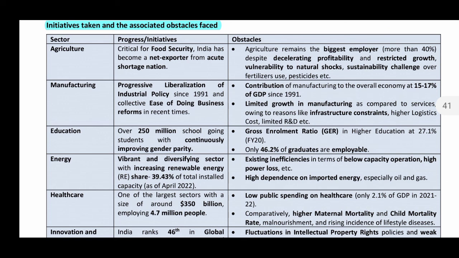Another obstacle is that 40% of employed persons are in the agriculture sector despite so many challenges, like decrease in profit for the farmers, especially small farmers. It is because of many factors such as free electricity. Free electricity which farmers use in villages has led to a decrease in groundwater levels, due to which farmers have to dig deeper to find water, which adds to the input cost of the farmer.